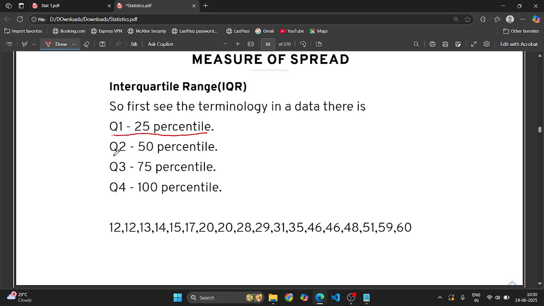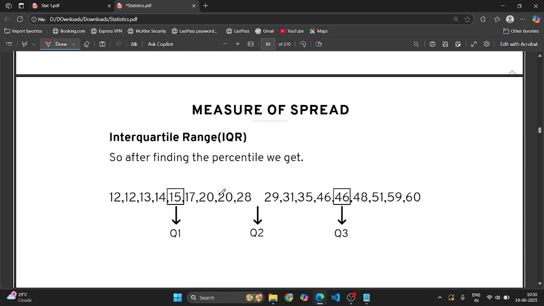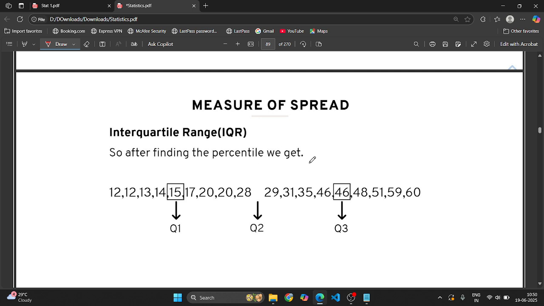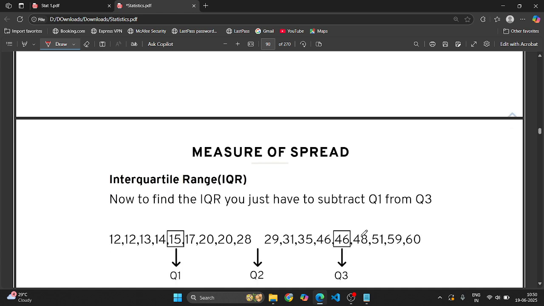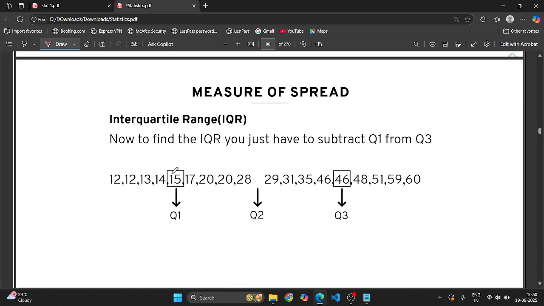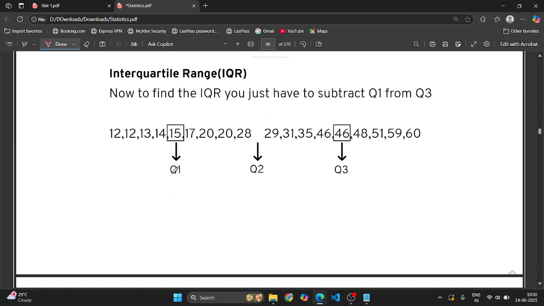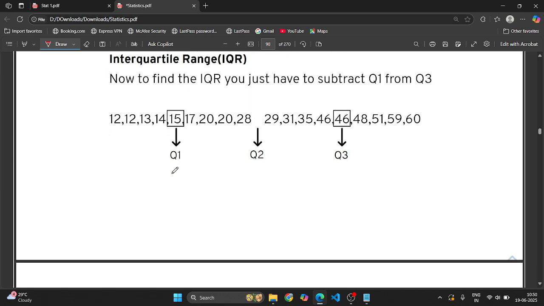Q1 means 25th percentile, Q2 means 50th percentile, Q3 means 75th percentile, and Q4 means 100th percentile. Okay. So after finding the percentiles, we get Q1, Q2, and Q3. Now to find the IQR, you just have to subtract Q1 from Q3.